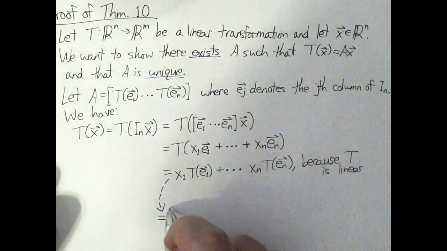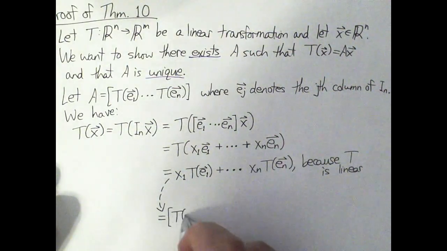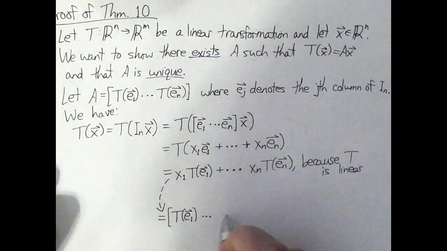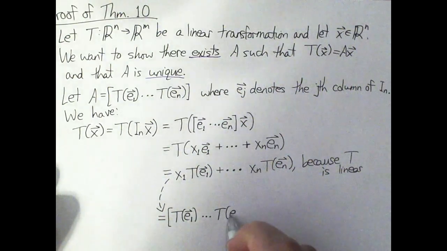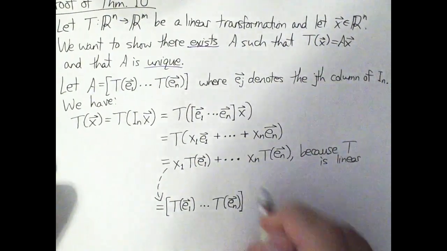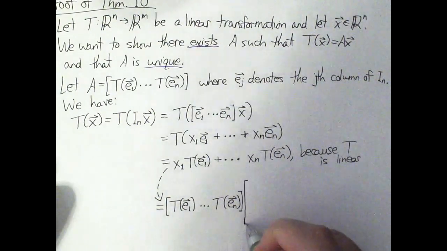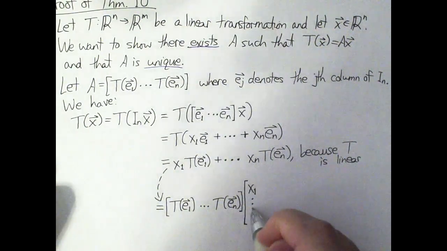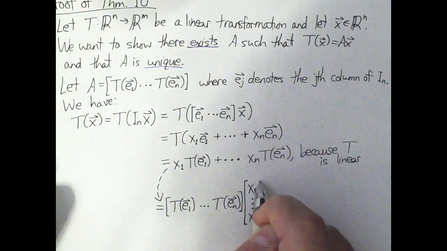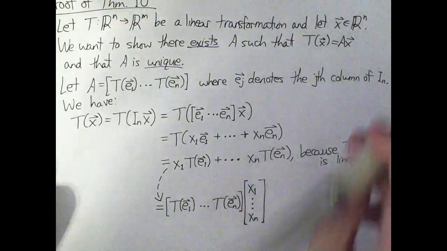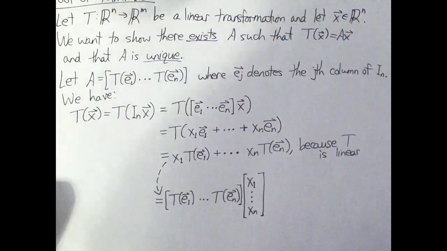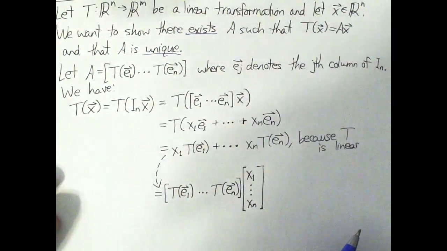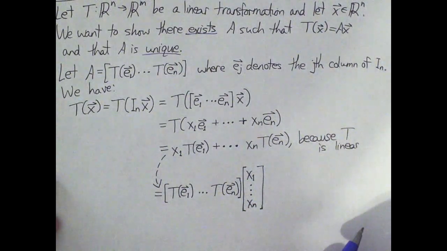We're going to rewrite this as T of e1 ... T of en, close that. So that's a matrix, and this is a vector, x1 through xn. Just to be clear about the sizes of everything, let's see.